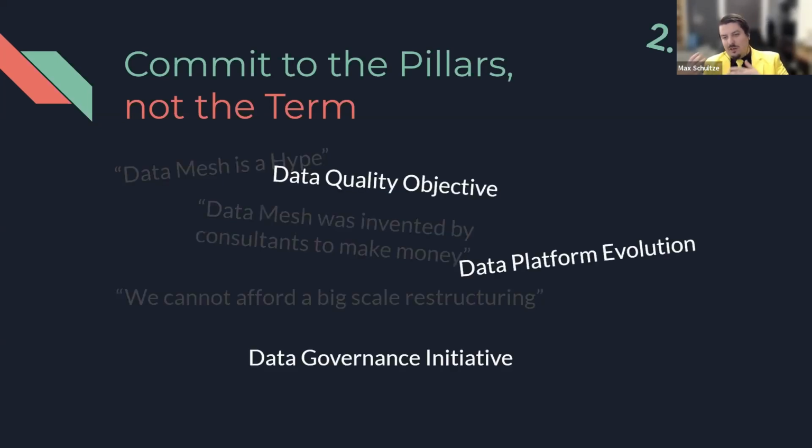But at the same time, we always hear things like data quality objective, data platform evolution, or data governance initiative, right? These are the terms that all of a sudden become more acceptable within an organization, where you think about, well, this data mesh thingy that is out there that is all hype and fancy, I don't want to deal with that because, I don't know, let another 2 years go into the land and then the next big new hype is there.